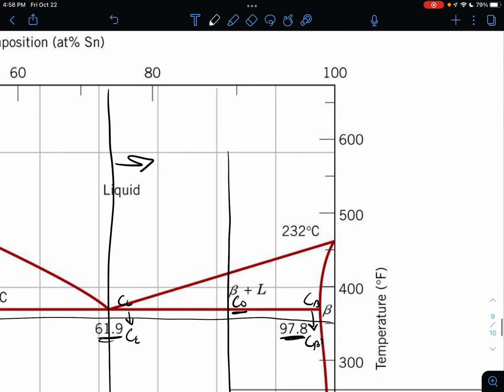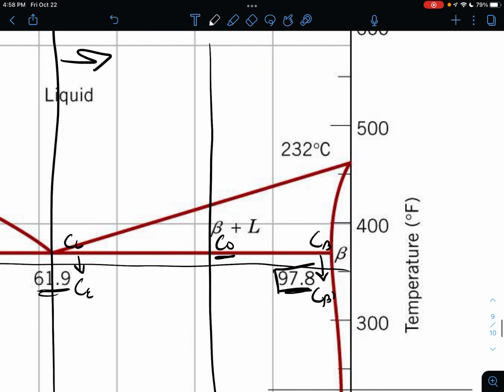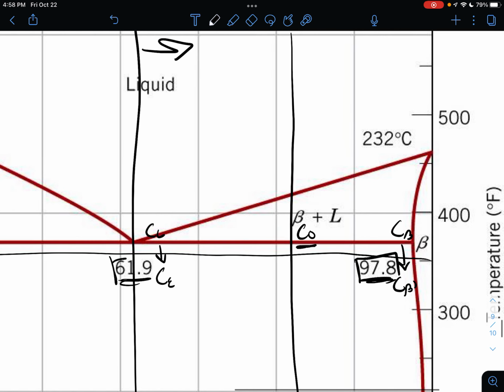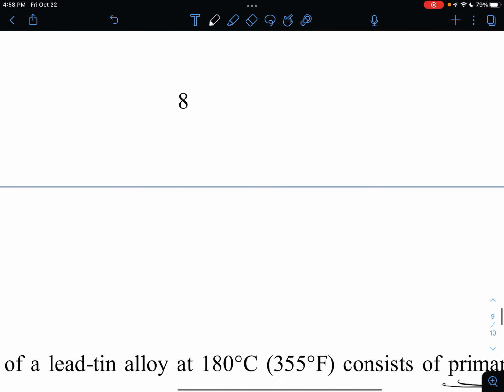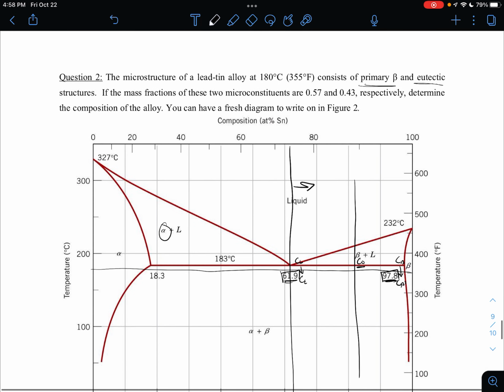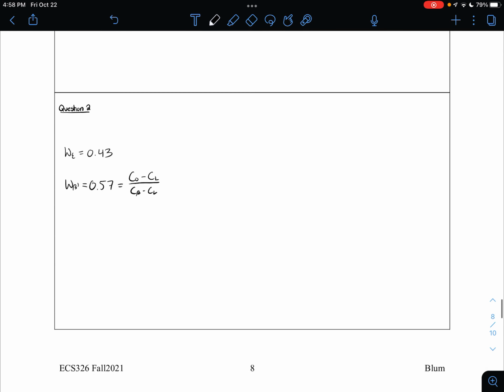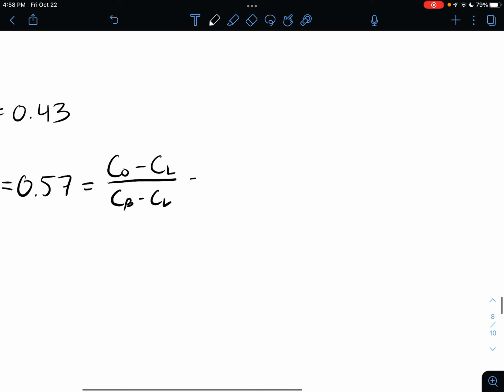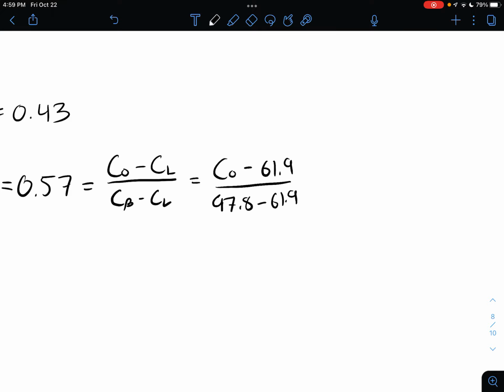And again, these numbers I'm taking from here. So it's 97.8 and 61.9. I'm just going to plug those in. So primary beta is C0 minus 61.9 over 97.8 minus 61.9.